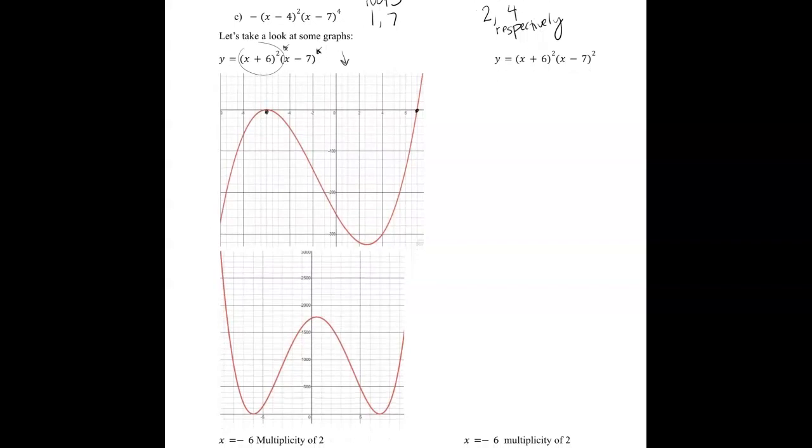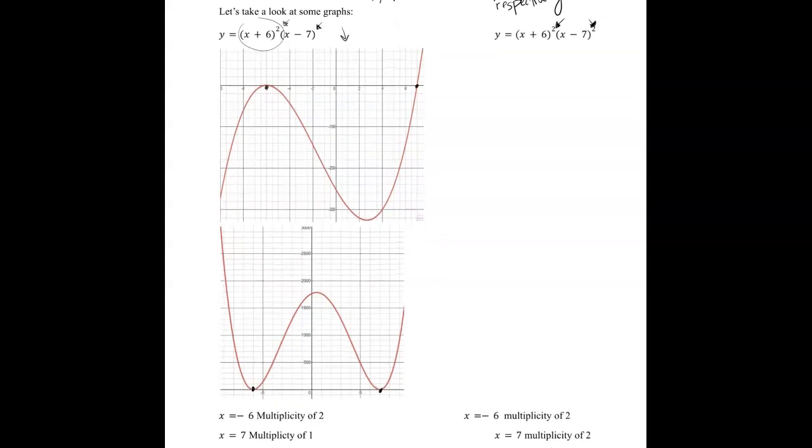So again, looking at my x-intercepts, when I set y equal to 0, I'd have to solve for x. So I would get x is equal to negative 6 and x is equal to positive 7. Alright, again, looking at how the even degree might affect that graph, since there's a multiplicity of 2.